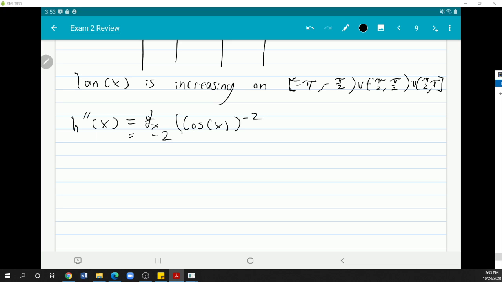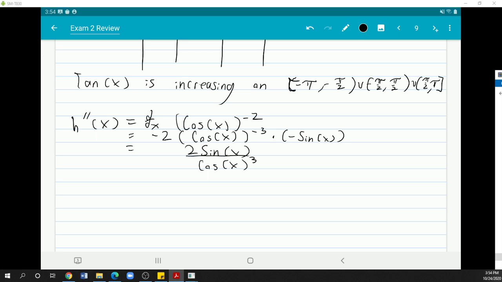So this is going to be minus 2, leave the inside alone by chain rule, cosine x to the minus 3 times minus sine of x. And I get 2 sine x over cosine of x cubed.